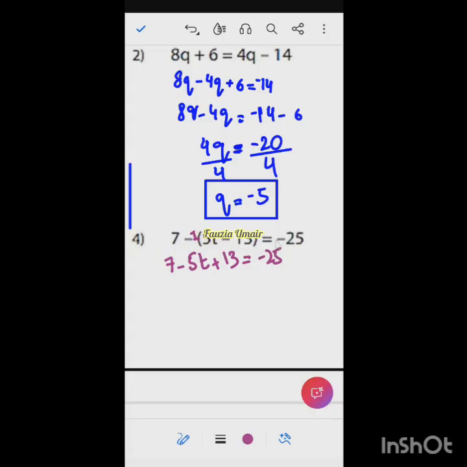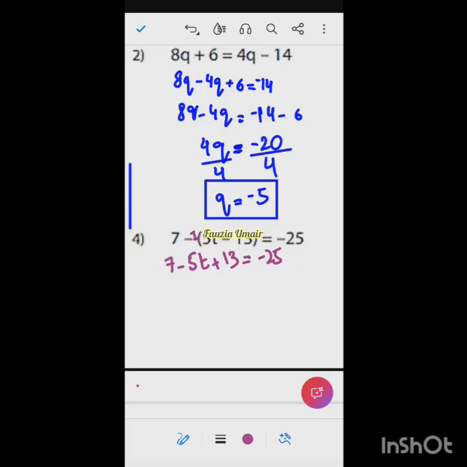Is there any question? No, ma'am. So Abrish, how many terms are there? There are 4 terms. And how many variable terms are there? 2.